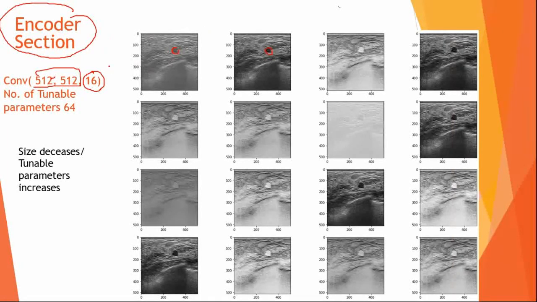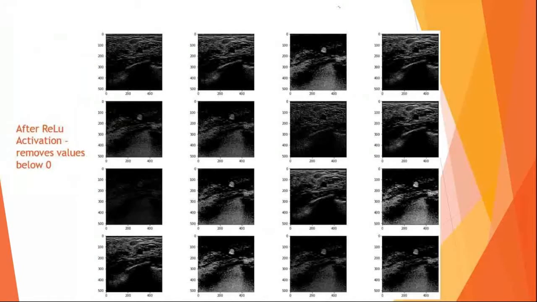And in the next stage, right now it is 512. Just look at the 512, and your lesion is at let us say around location 350 or something like that. Now the next stage, I told you, is a rectification layer where we remove anything below 0. So any value below 0 is removed, and these are again the feature maps.